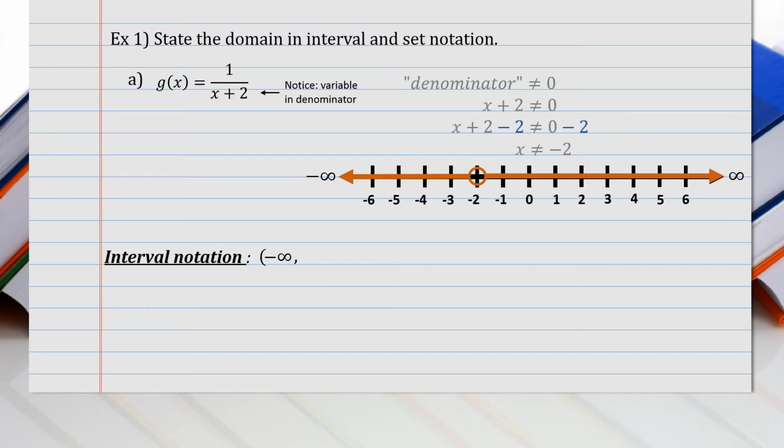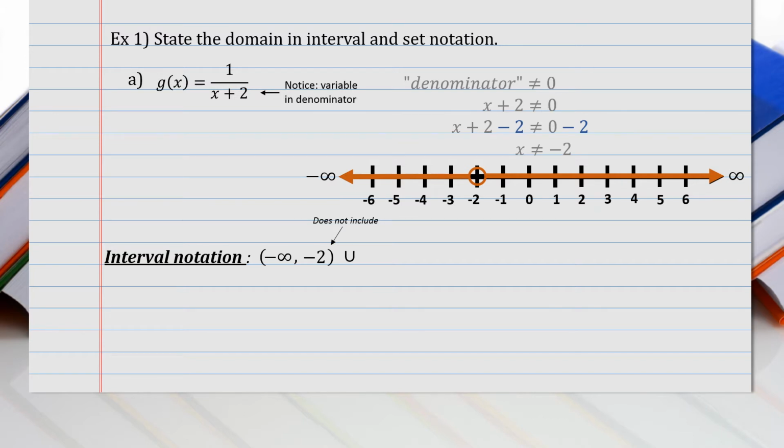And as we follow the number line to the right, it is colored all the way until what number? -2. Now, do we include -2? No, that's where there is a hole, which means we cannot use a bracket. Instead, we must use a parenthesis. Now because we have this hole, we have to use the proper symbol known as a union.